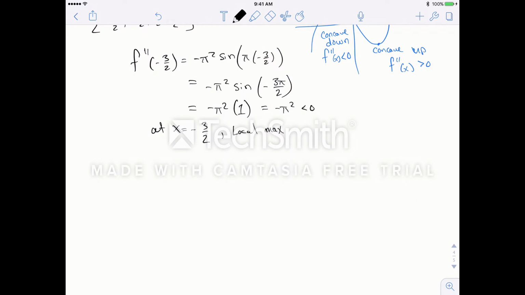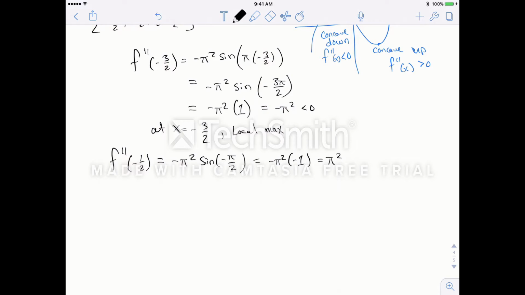Okay, let's keep chugging right along. So here we have sine of negative pi over 2. So sine of negative pi over 2, if we all remember our unit circle, is negative 1.